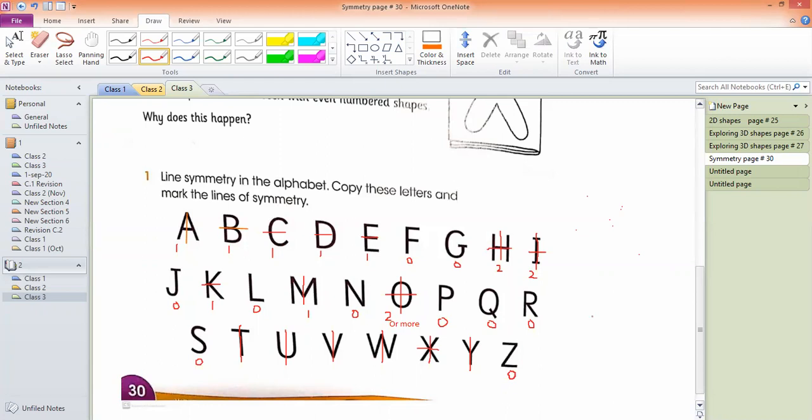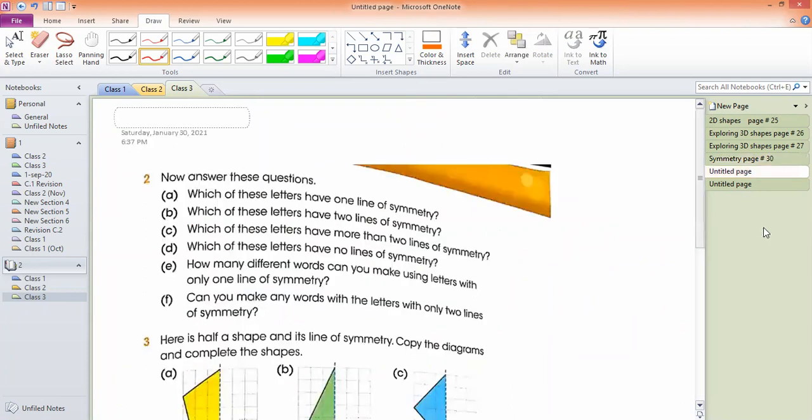Now these alphabets will help you in solving some questions of the book. Open your books, symmetry, page number 31.